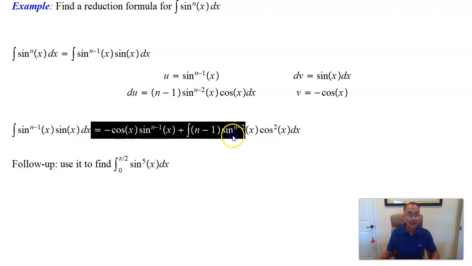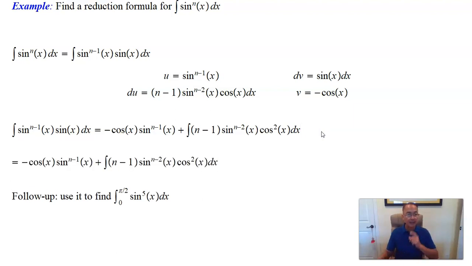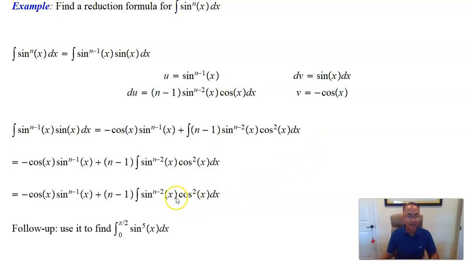Okay, so let's copy this. And let's take the n minus 1 outside, shall we? Plus n minus 1 times this. And then replace the cosine squared with 1 minus sine squared.